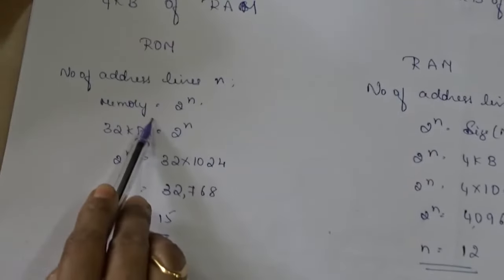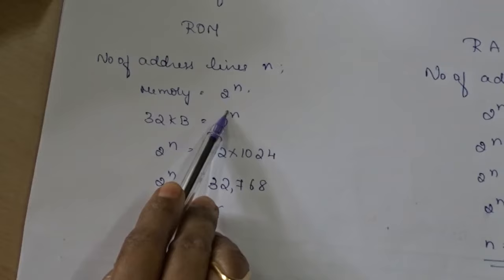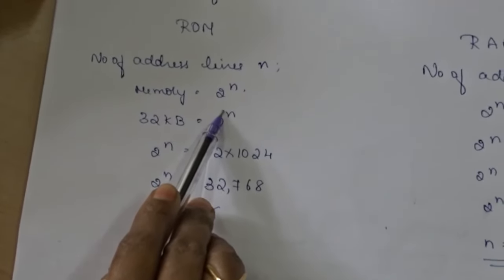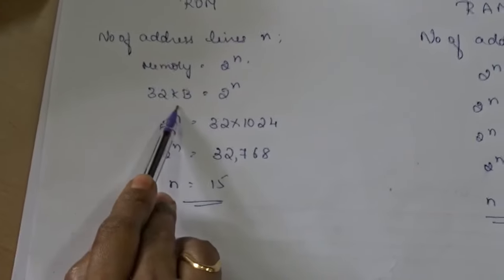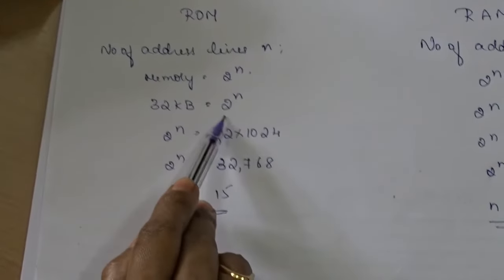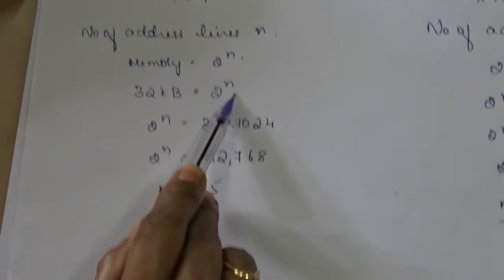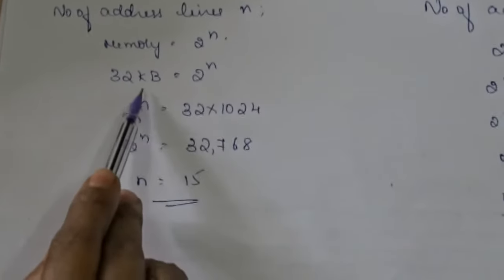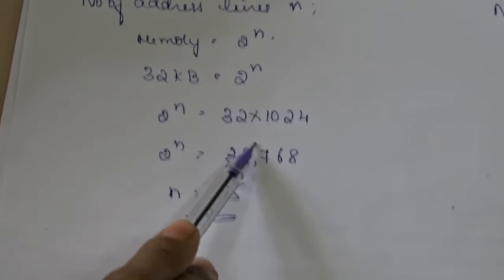So memory capacity is equal to 2 to the power n. Here we need 32 kilobytes of ROM, so the capacity is 32 kilobyte. This is equal to 2 to the power n, and we need to calculate the value of n. We know that 1 kilobyte is equal to 1024 bytes.